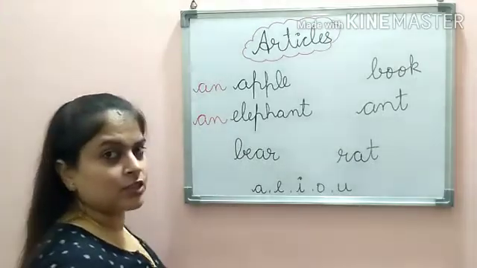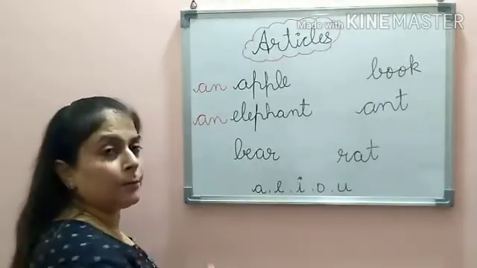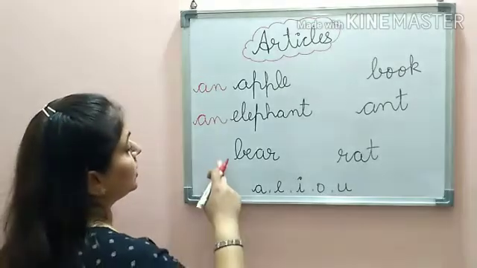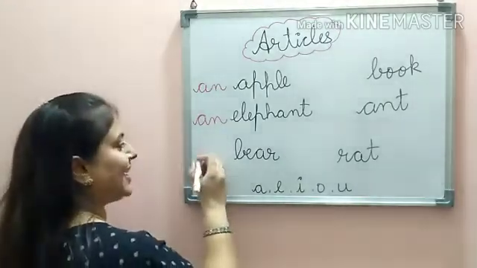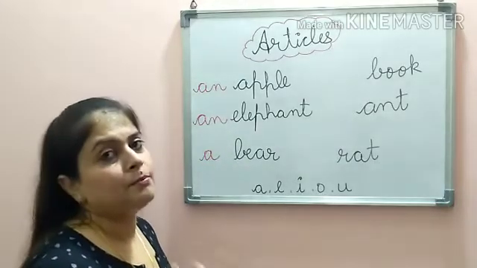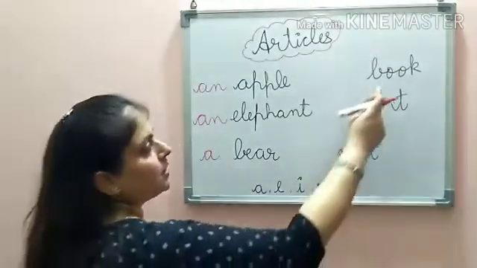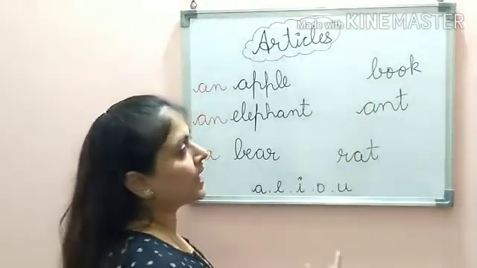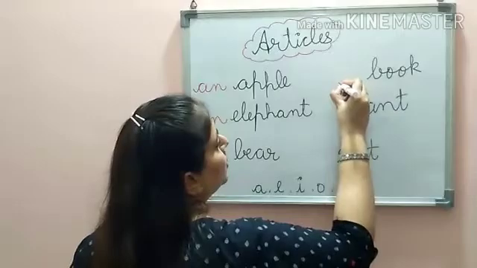an elephant. Bear, B. B is a consonant. So here we have to write A. We have to write a bear. Next, book. B is a consonant. So again we are going to write a book.